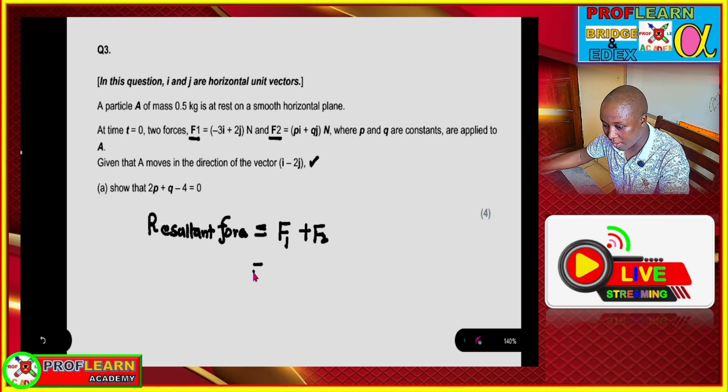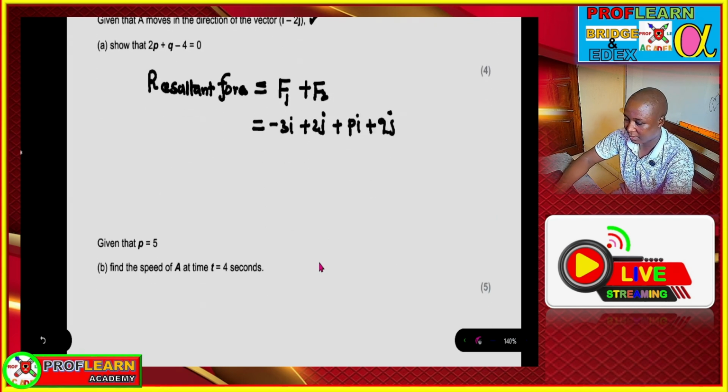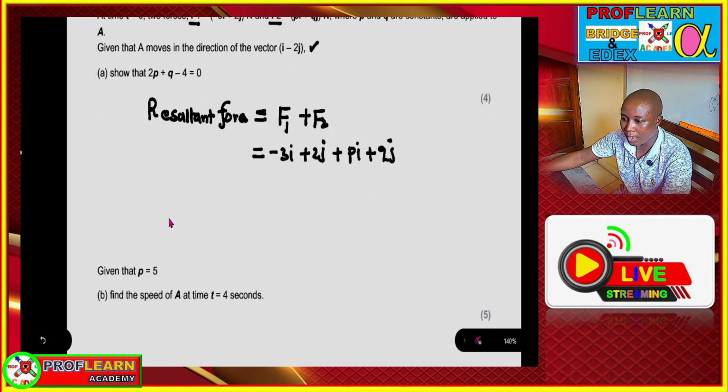In that way, we can say this is going to be minus 3I plus 2J plus PI plus QJ. Now with this, we are going to add those forces which have the same components.